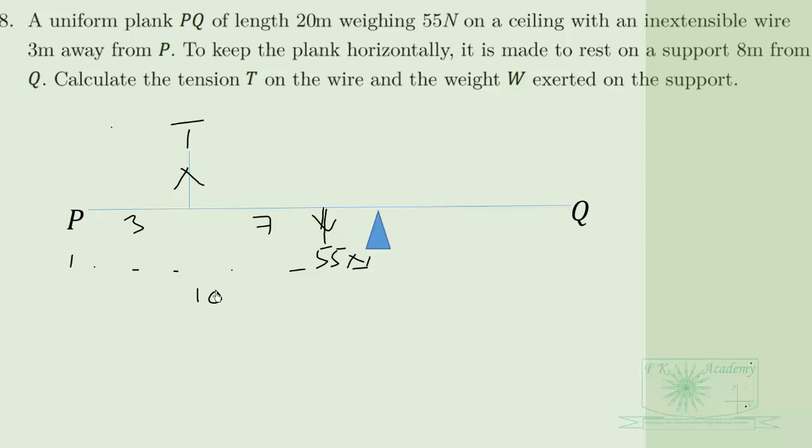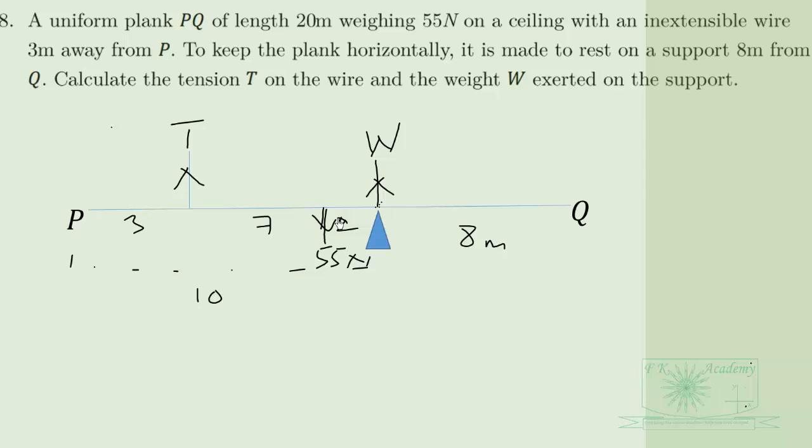We also know that there's a support here, 8 meters from Q, and there will be a normal reaction here, which will be equal to the weight exerted on the support. So right from here, this one is 2 meters up to the middle of the plank.